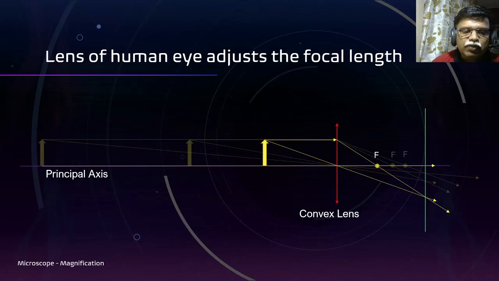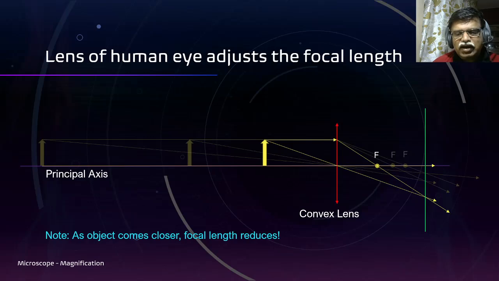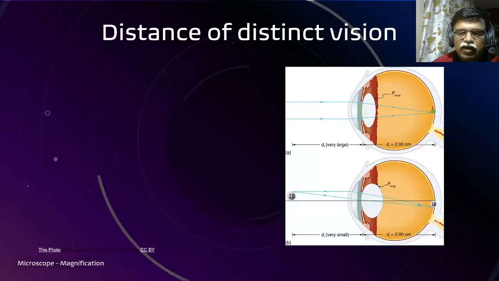Now we can't keep doing this for whatever distance. As objects come closer, the focal length is reducing, but the focal length can't reduce beyond a certain limit for an eye. This is the structure of the eye. When the rays are coming from a very long distance, effectively the rays are coming parallel, and they will get focused on the retina when the eye is relaxed and the focal length is large.